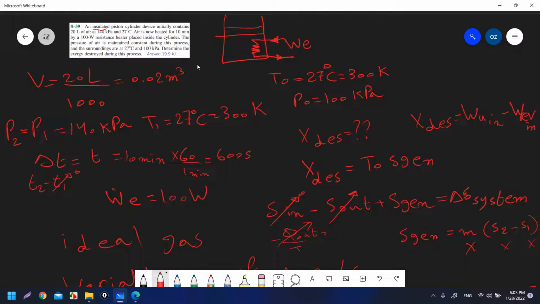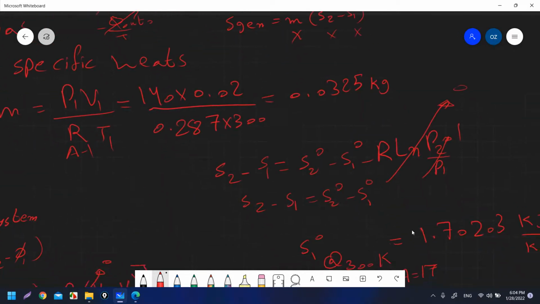Always when there is a moving boundary, like on the piston cylinder, here we have expansion. The pressure was constant, but the volume will change because we are heating the air. So the boundary will move, so you will have a boundary work.